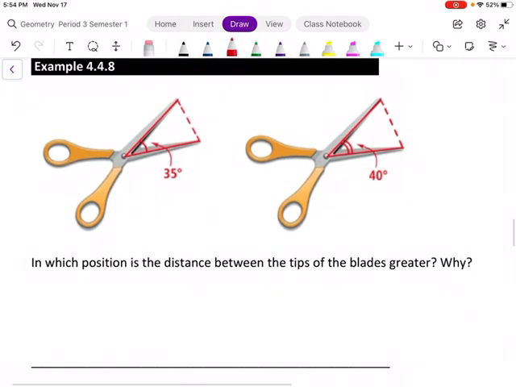Continuing to our next example, in which position is the distance between the tips of the blades greater? Because these are scissors, the sides are going to be congruent with each other between the two triangles, and we are talking about the included angles.